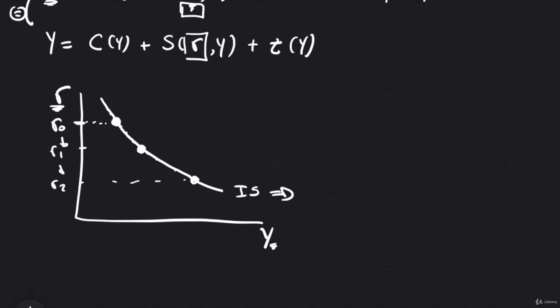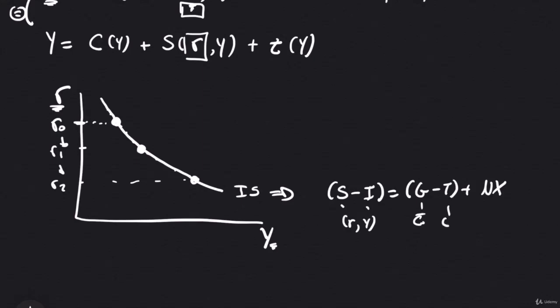So I can almost think about it as rewriting it the way I did before, saying the IS curve is actually this equation here, where C and I are functions of interest rates and income, G is exogenous, T is a function of income, and net exports are a function of relative prices and relative incomes.